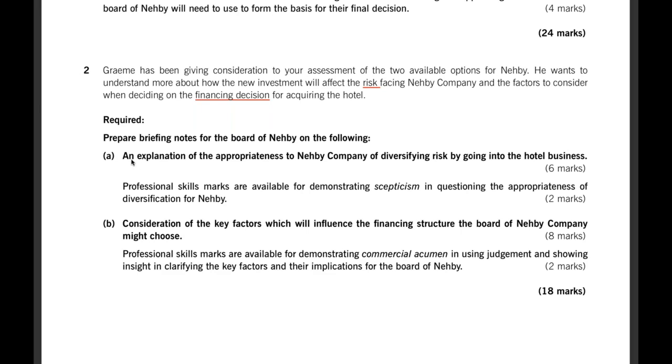What you need under explanation A is that you are supposed to explain the appropriateness of Navy company diversifying the risk by going into the hotel business. This is one of the ways for you to mitigate your risk. So you need to explain the appropriateness of diversifying risk by going into the hotel business.